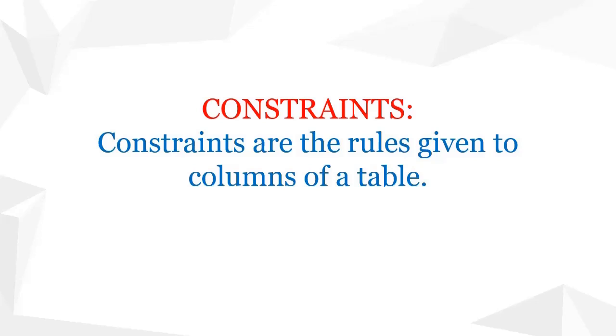Okay. The constraints can be given while the creation of the table, or you can use the alter command to add or remove constraints to a particular column of a particular table. Okay. We have different constraints.